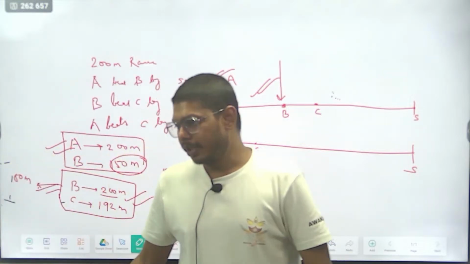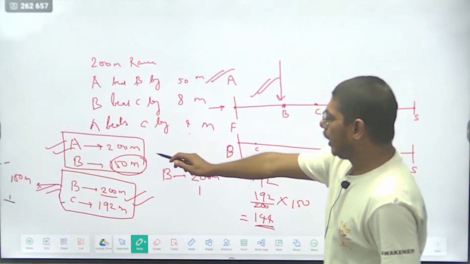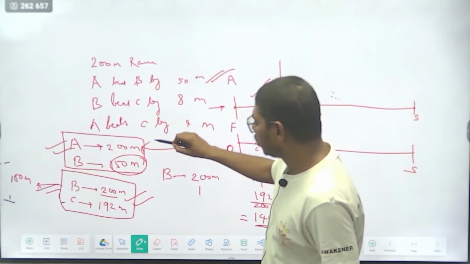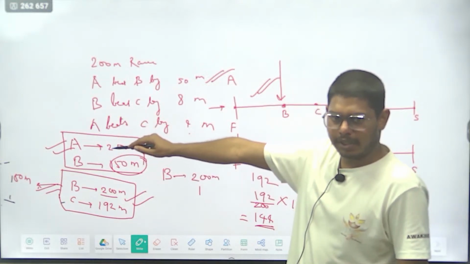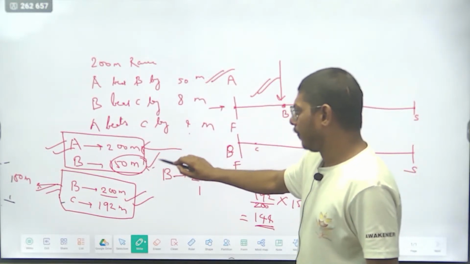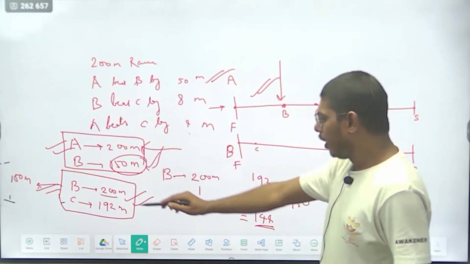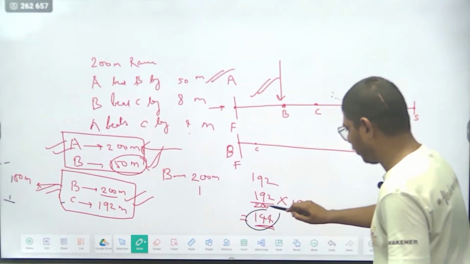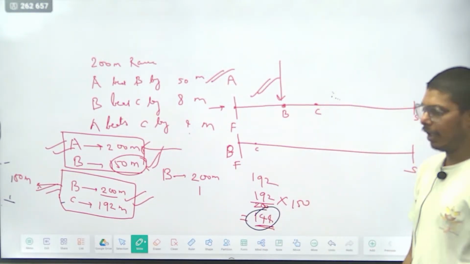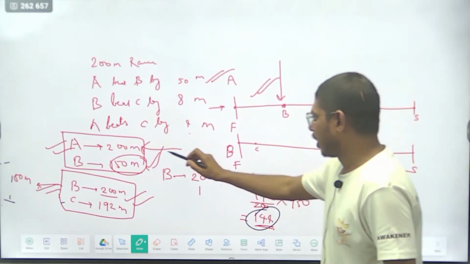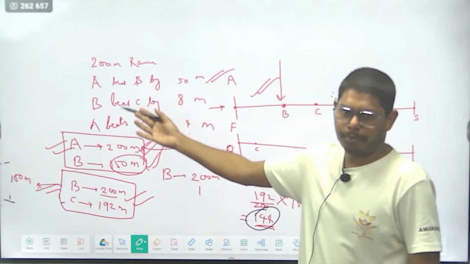Which means that when A is at the finishing line, B is 50 meters behind it, and C is this much behind it. That means A has traveled 200 meters, completed the race.